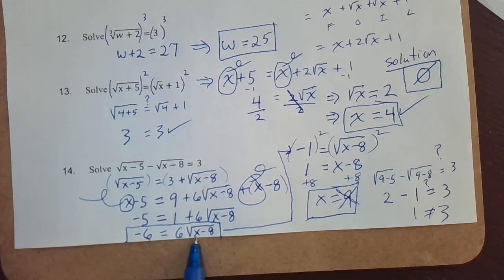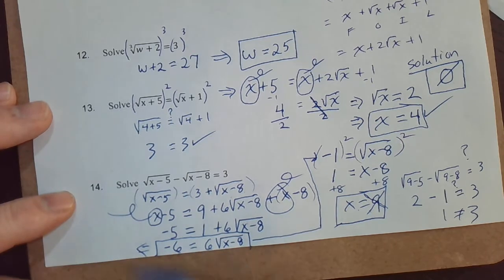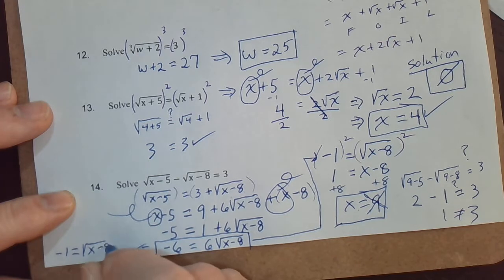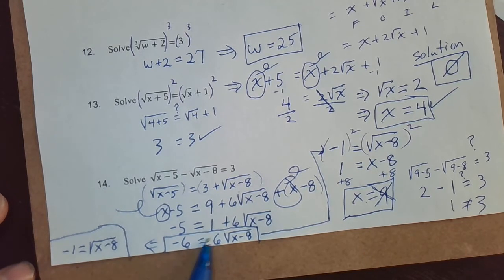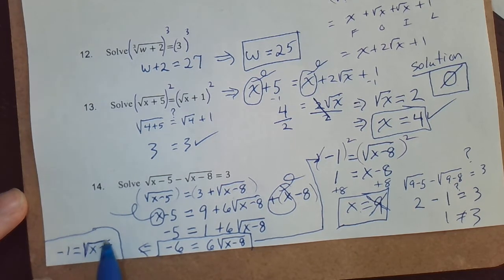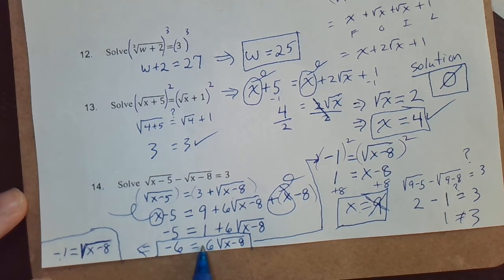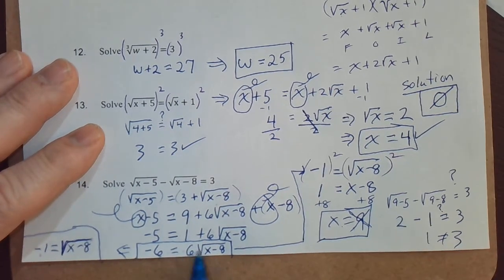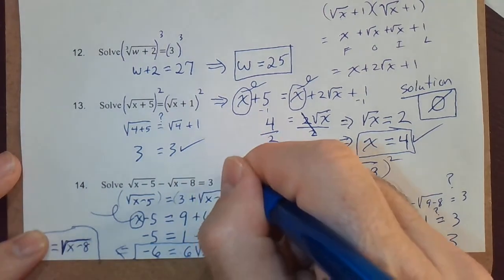It is never the case that negative 1 could equal radical x minus 8. This is impossible, and that's what this says when you divide both sides by 6. This is impossible because this is the principal or positive square root. It can never equal negative 1. So at that point, I could have stopped and said, hey, wait a minute. This is not going to have a solution at all. But we went all the way through the end and discovered it anyways. So, solution, no solution.